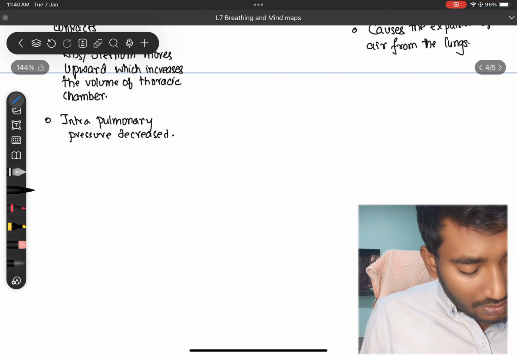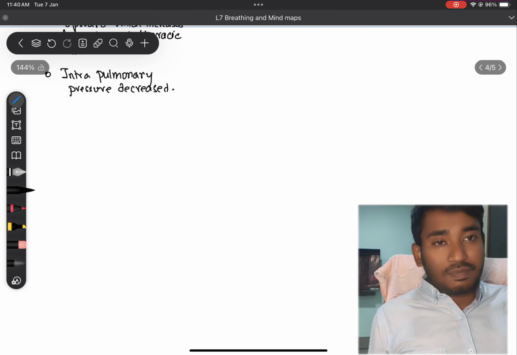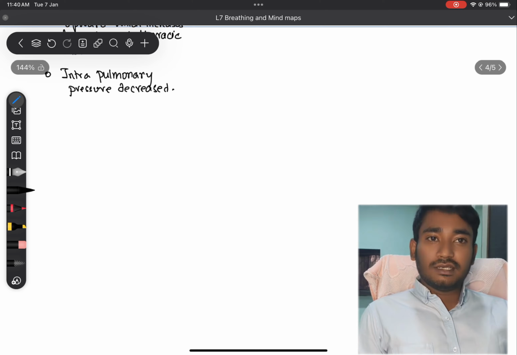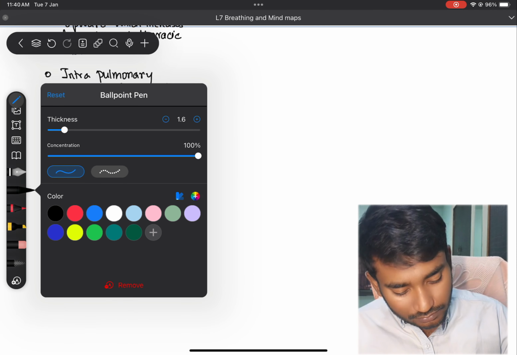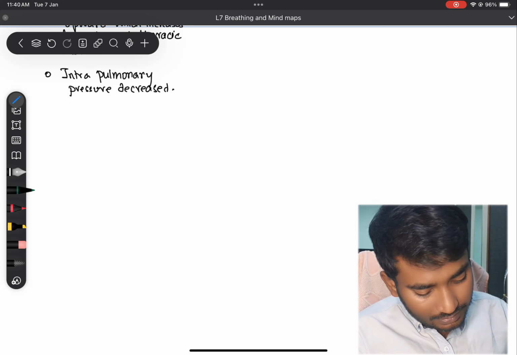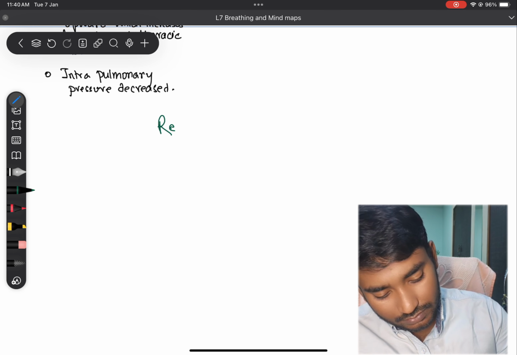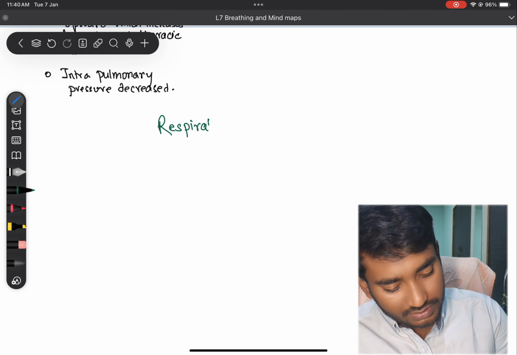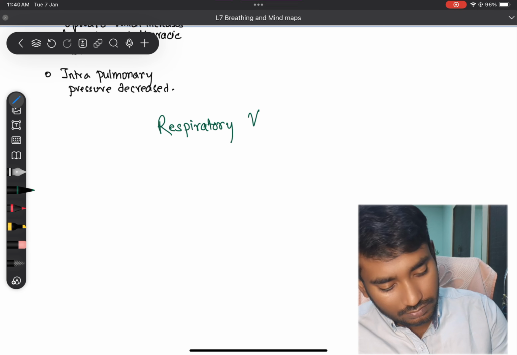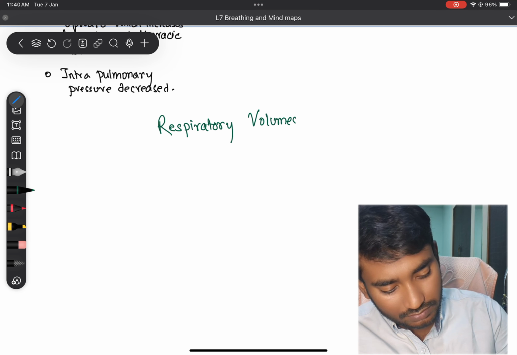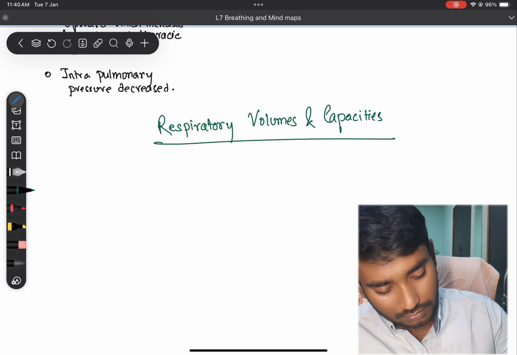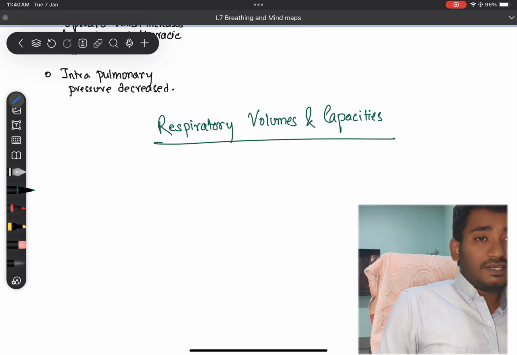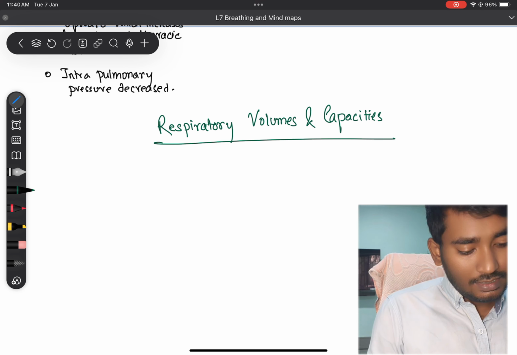Now comes the respiratory volumes and capacities. These are important for the NEET. Give it a heading: the respiratory volumes and capacities.